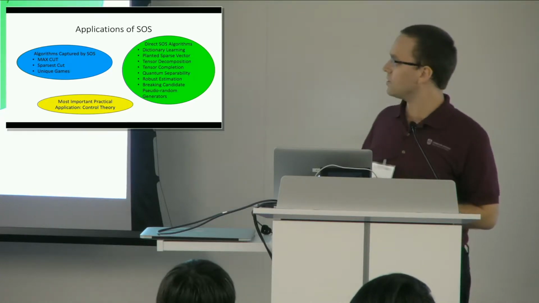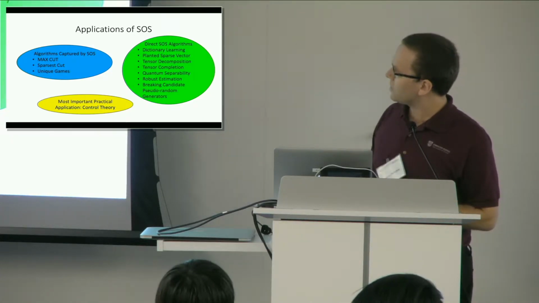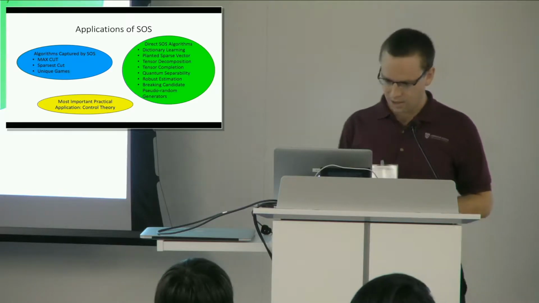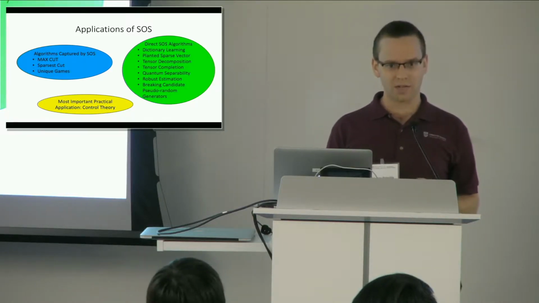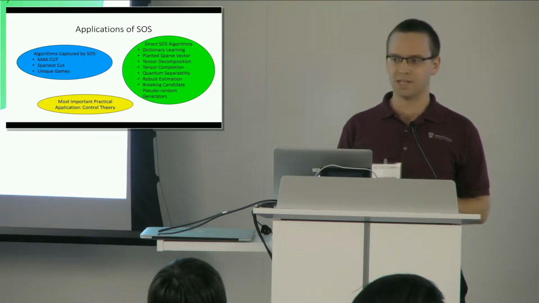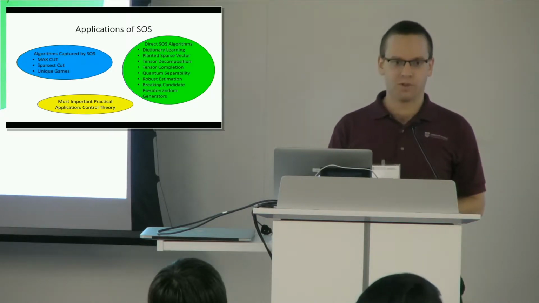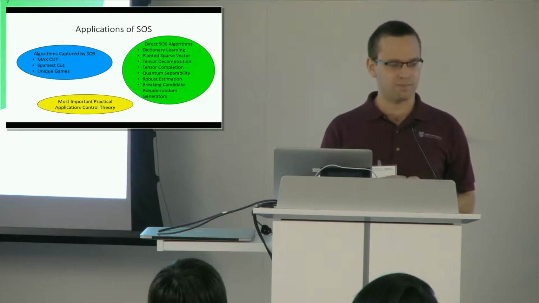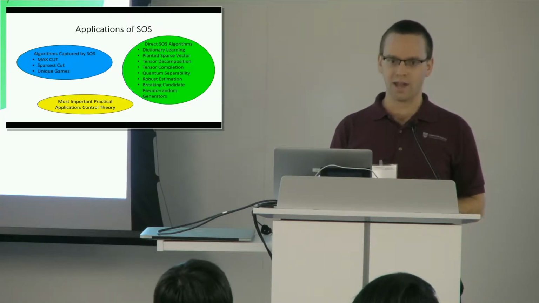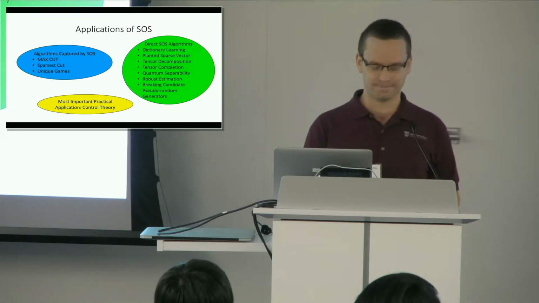In the past few years, there have been many problems where SOS has been applied directly. And I should note that SOS is often too slow to run in practice because it involves huge semi-definite programs. But it has been useful in control theory, where it's important to make sure that polynomials are non-negative, but there are only a few variables.